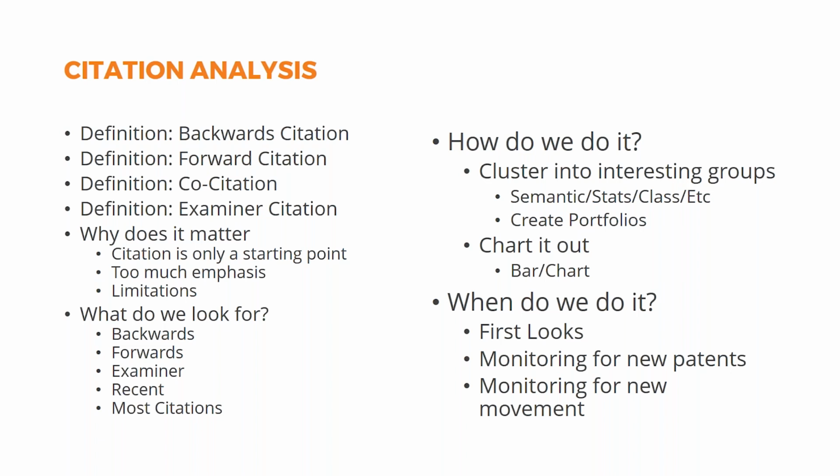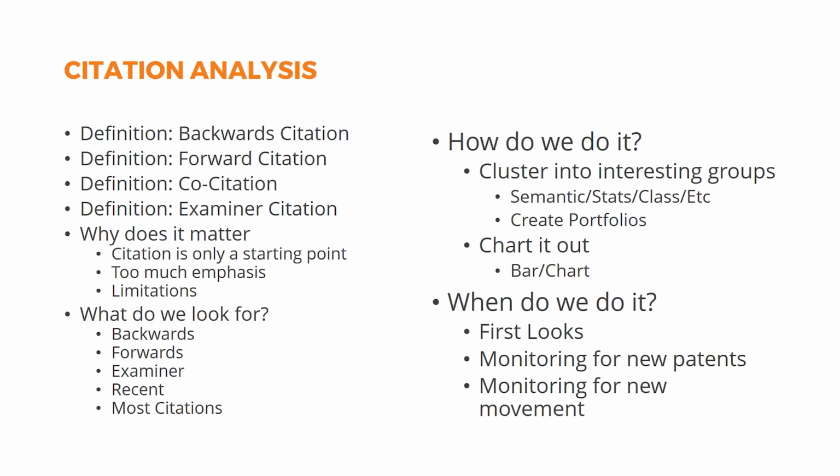A backward citation, when I refer to it, is a citation that an application or a patent has been reviewed against to make sure that it is substantially distinguishable from the prior art. So you can think of backward citation as prior art.